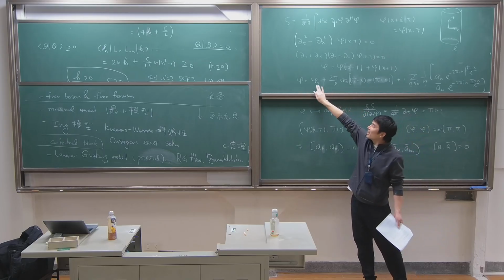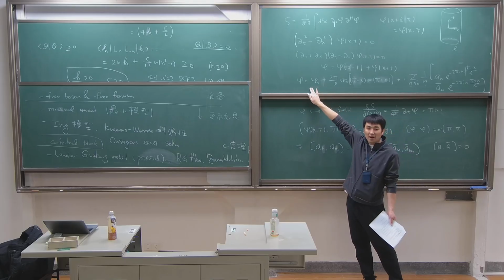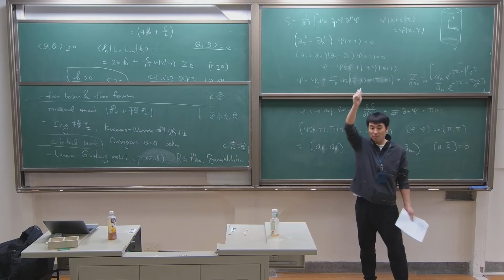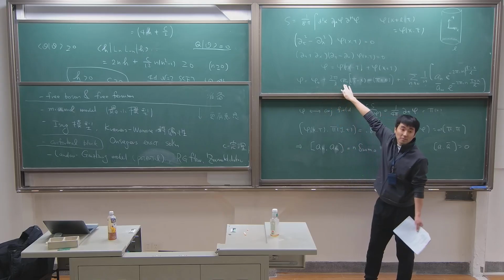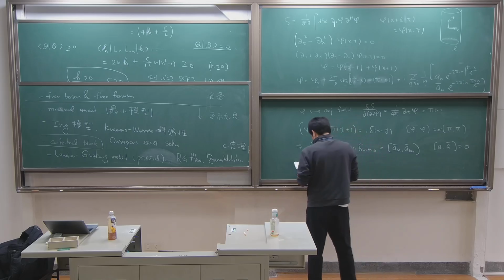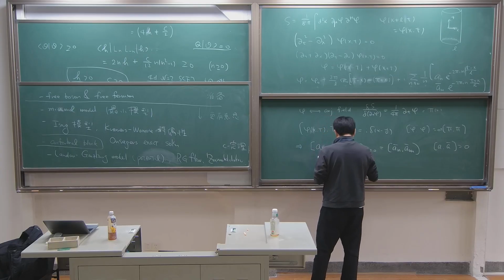So this is the center of mass motion of phi. Okay, so the average position of phi, and this is the momentum.